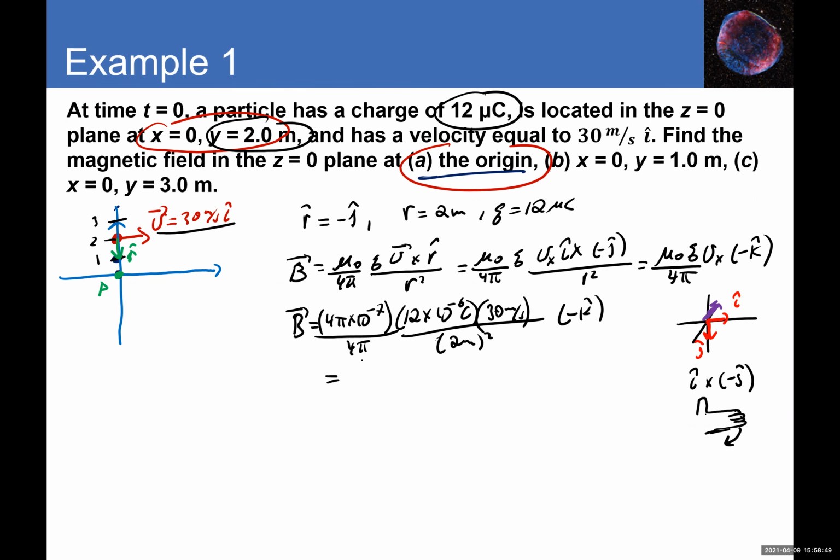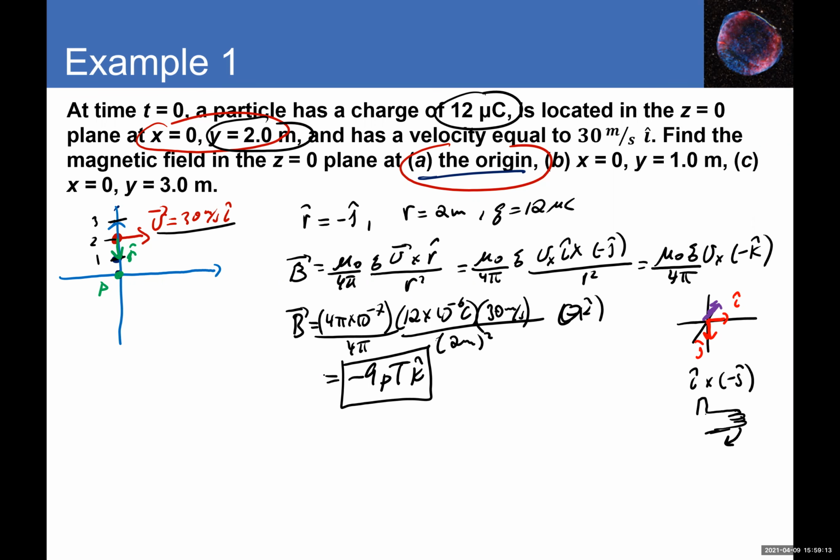If I calculate this, I should get negative 9 picotesla. This negative already gives me the direction, so I got magnitude and direction: negative 9 picotesla pointing in the negative Z direction.